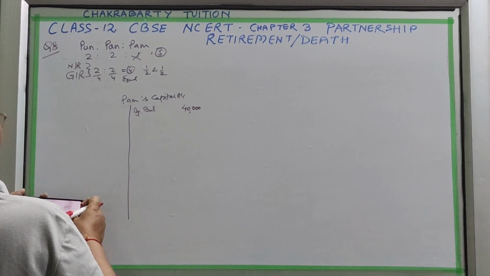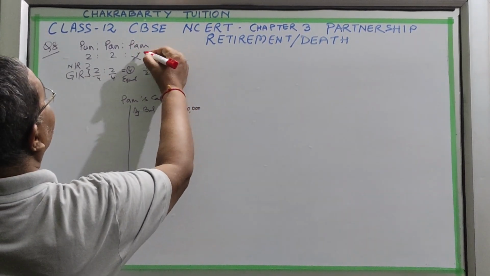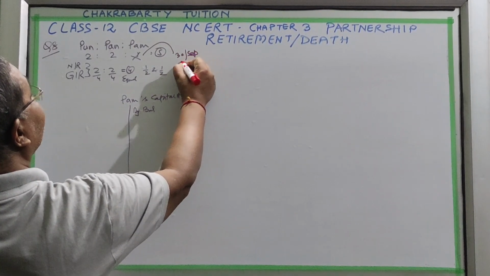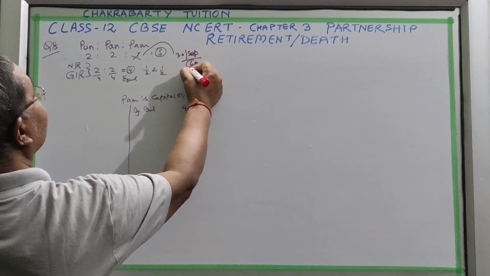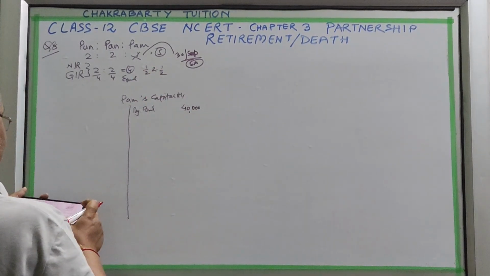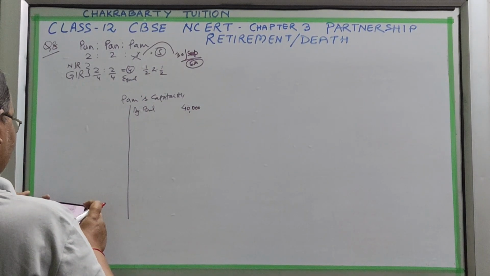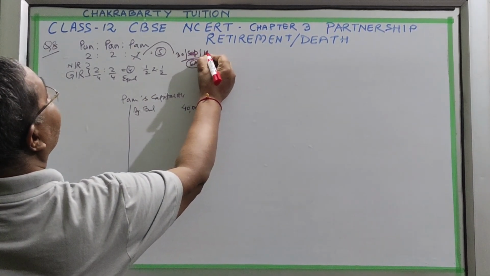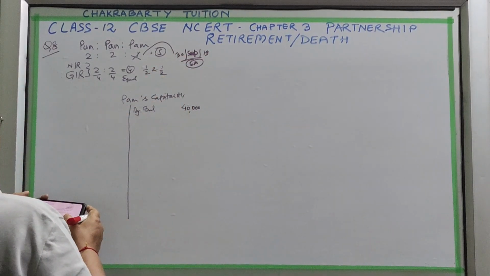The deceased partner will be entitled to his share of profit up to the date he died, which is 30th September. 30th September means 6 months profit he will get, calculated on the basis of previous year. He expired in September 19.